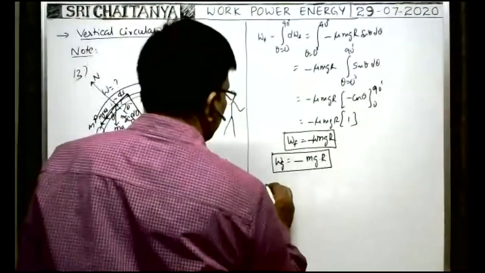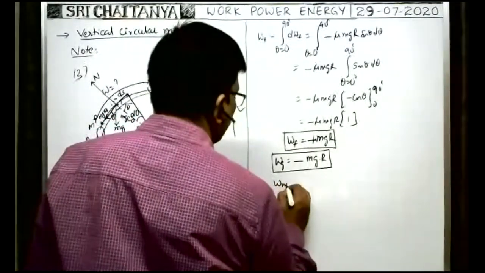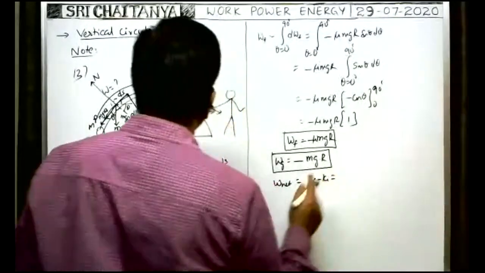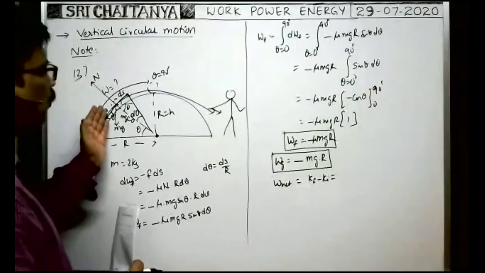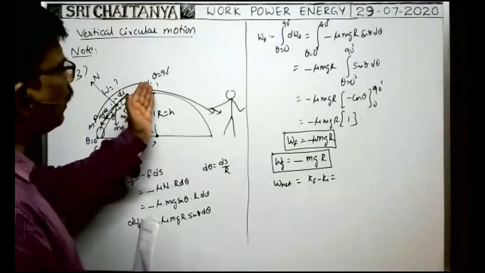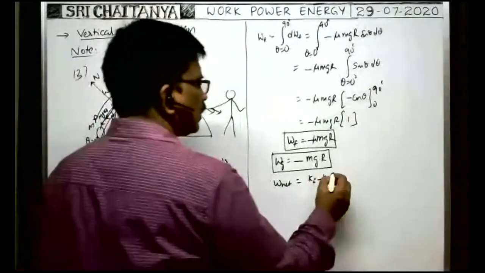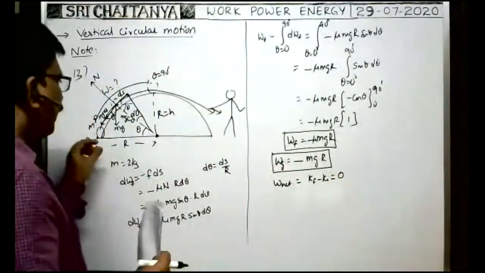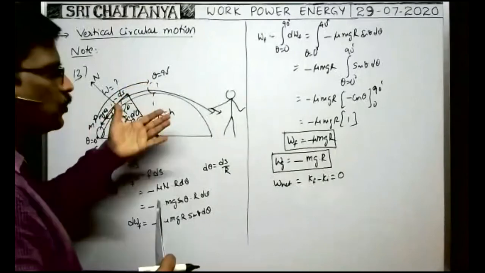You see, net work done on the body is equal to the change in kinetic energy of the body. As this body is pulled slowly or with uniform speed on the hemispherical surface, this is equal to initial kinetic energy minus final kinetic energy, which is 0. When it is pulled slowly, there is no change in the speed.